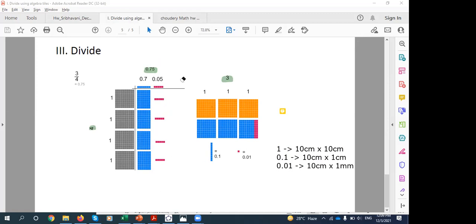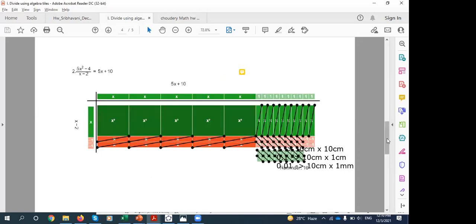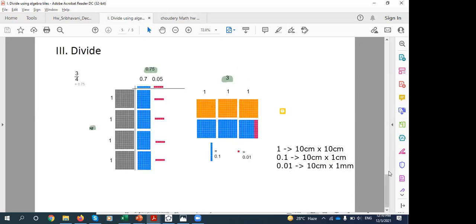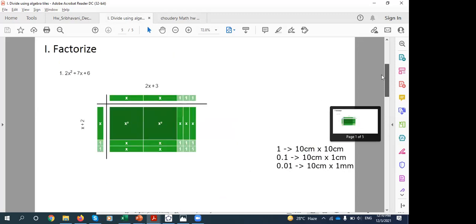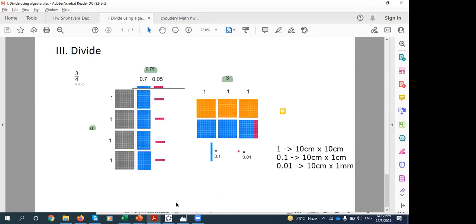What is happening here is that you are basically going by the idea of flats, longs, and units. So this big one, these orange ones and this one, these are ones. So this is a 3 by 4, not a 7 by 4, but the basic idea is pretty clear.